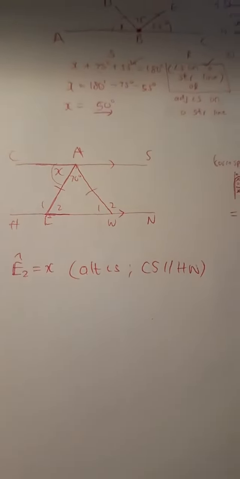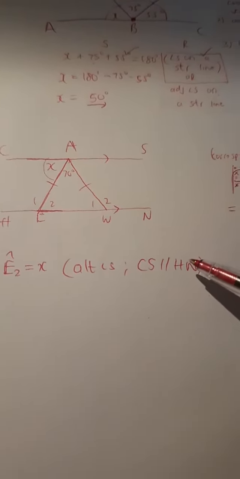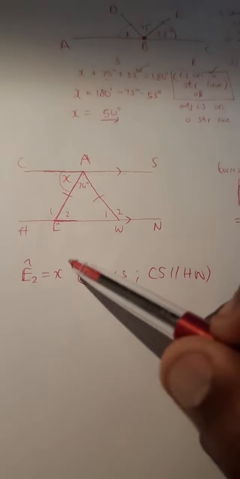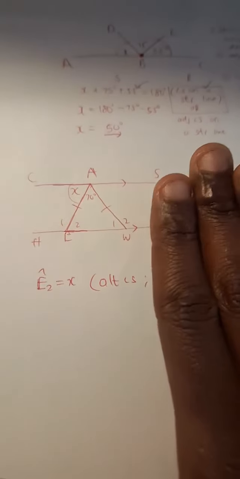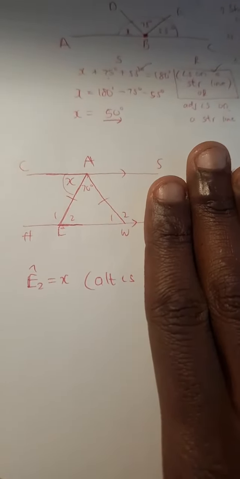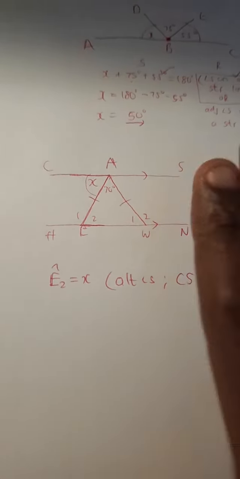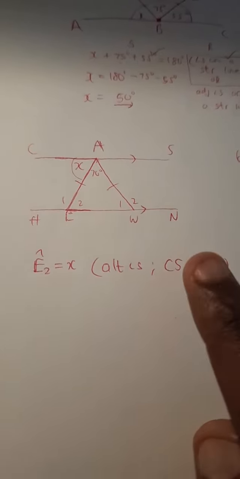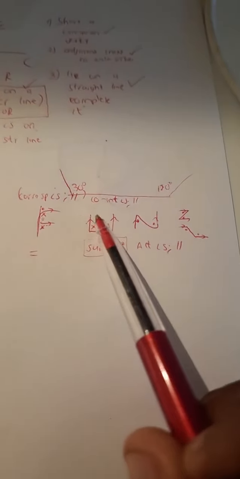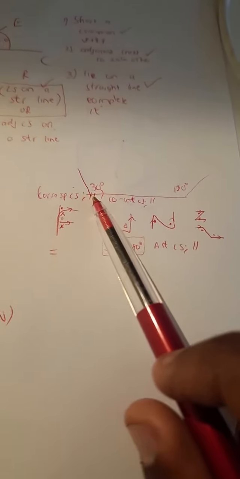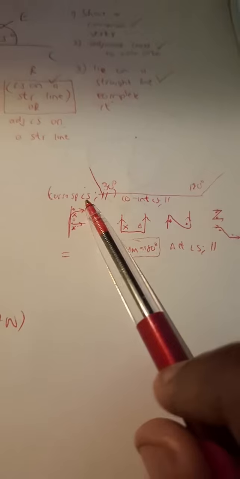Is it important that you state the lines that are parallel? Yes, you must. Failing to state the lines that are parallel is not giving the full reason. If you don't state them, then you are giving me a half-baked reason, which is not complete. Please, I beg you, don't ever forget to state the lines that are parallel. So in essence, whenever you use corresponding angles, please identify the lines that are parallel for your reason to be complete.